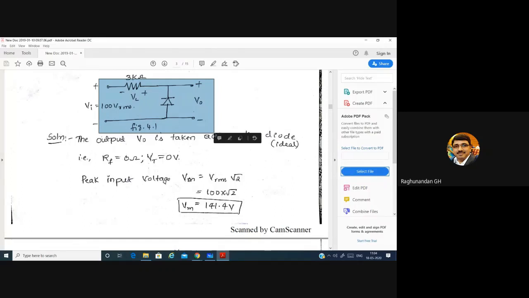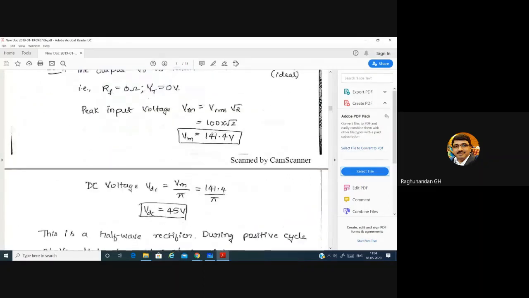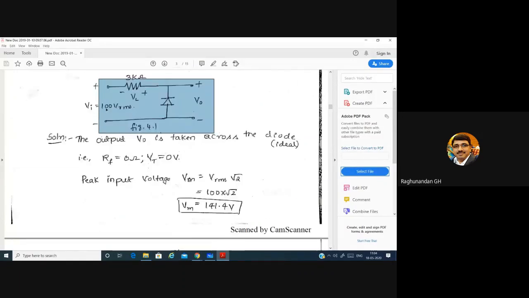We have already derived VDC is equal to VM by pi. Since they are telling us it is 100 VRMS, that means it is in terms of VRMS, so convert that first to VM.